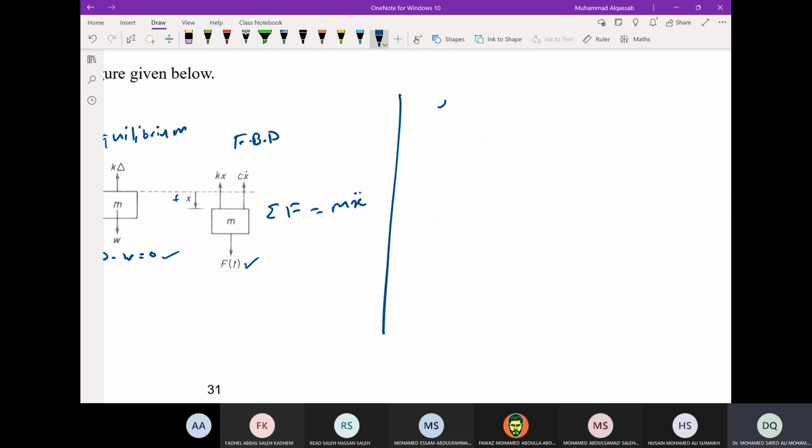Then x dot is s e to the power st, and x double dot is s squared e to the power st. Substituting, we get m s squared plus c s plus k, all multiplied by e to the power st, equal to 0.